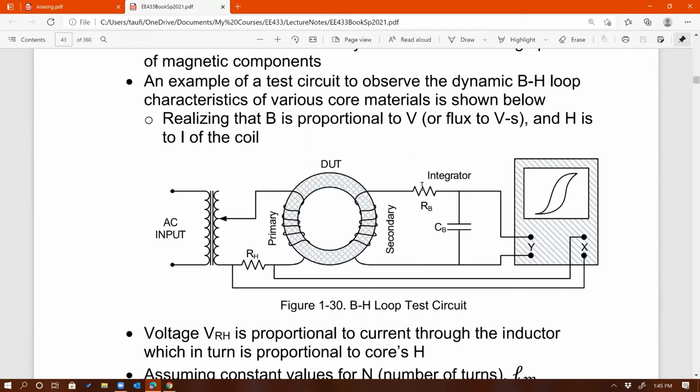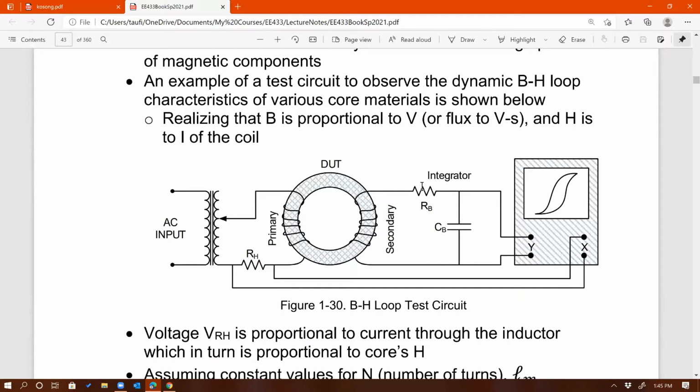So imagine that you want to measure flux, and you want to measure how this core operates in terms of flux and in terms of field intensity, right? Per given field intensity, how much flux does this core produce, right?